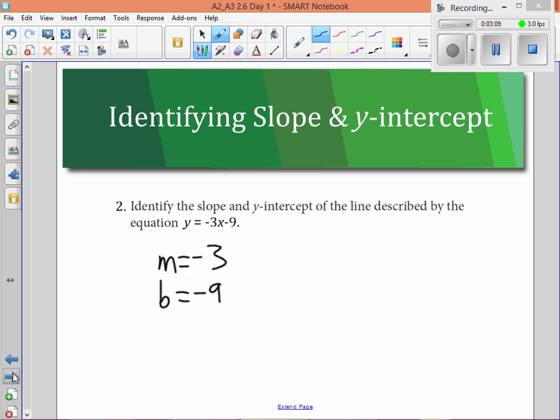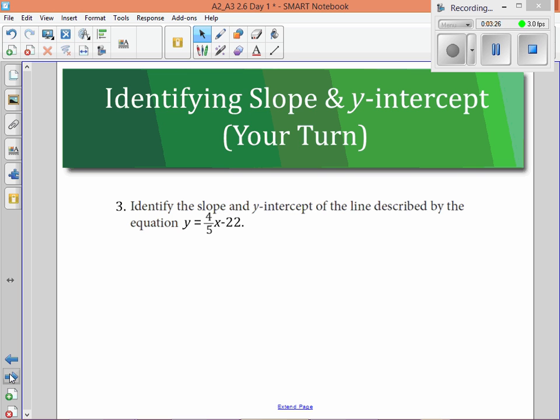No, this negative, or subtraction sign in this case, is along for the ride, and we describe the y-intercept as being negative. So if you graph this, it will fall as a negative y value, and you'll graph it as a negative 9. So that's important to keep in mind. Okay? And you try one as well too. I want you to identify the slope and the y-intercept.